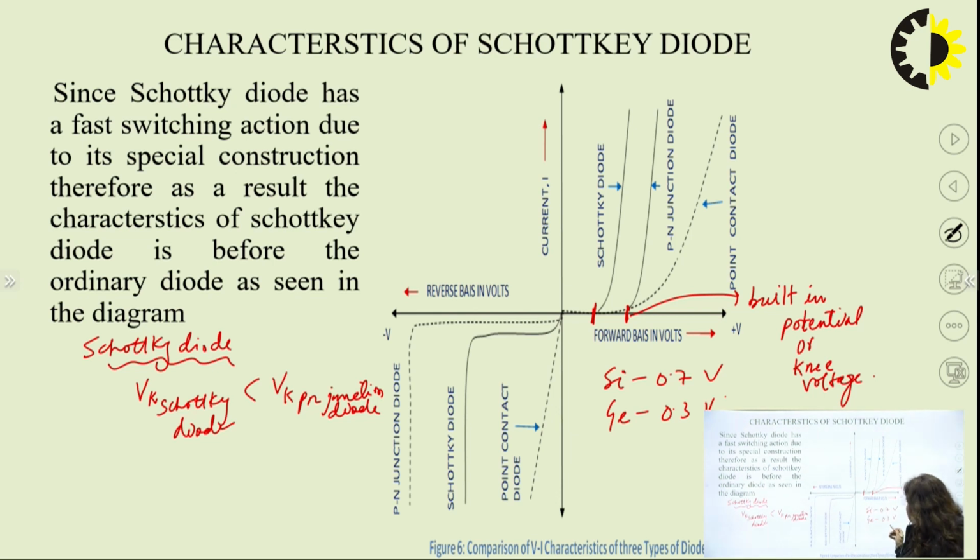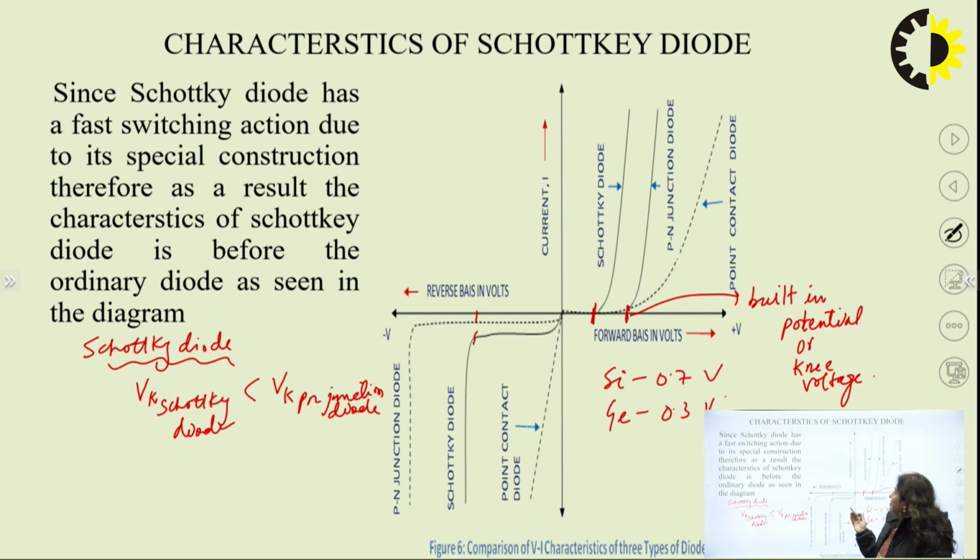On the other hand, we can see in the reverse bias condition also, the Schottky diode has a Zener breakdown, or you can say avalanche breakdown, earlier as compared to the PN junction diode. In the PN junction diode, we require a much higher voltage to have an abrupt change in the current, but in the Schottky diode, we have lesser voltage as compared to the PN junction to get our current abruptly increasing in the reverse direction.